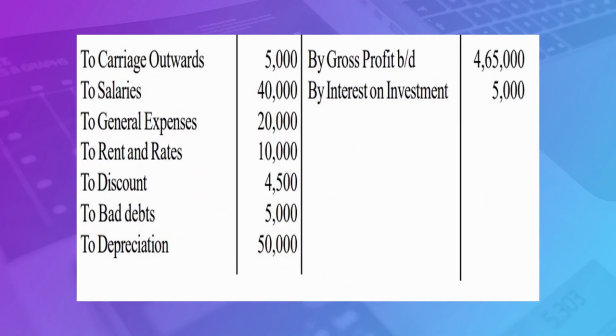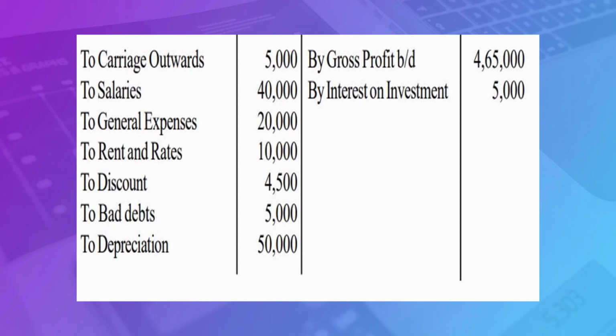So, the amount of gross profit which we have arrived at by preparing the trading account, that is 4 lakh 65,000, this amount we have brought down from trading account. Then in the trial balance, the information we were provided regarding interest on investments.